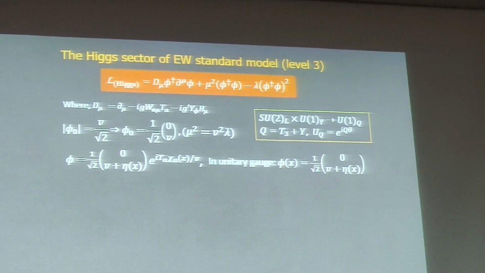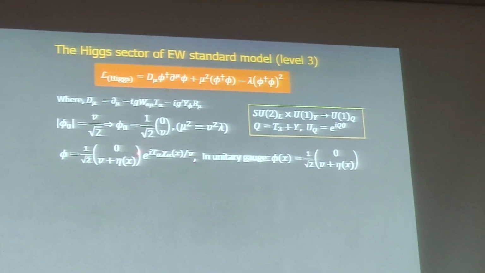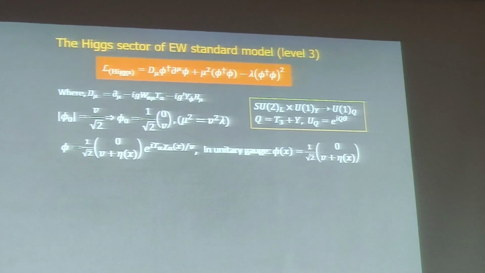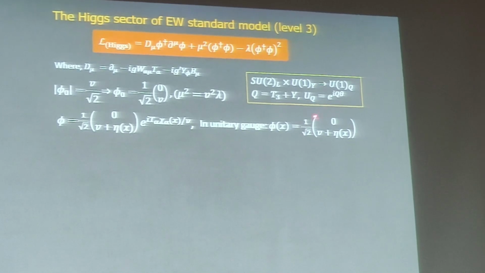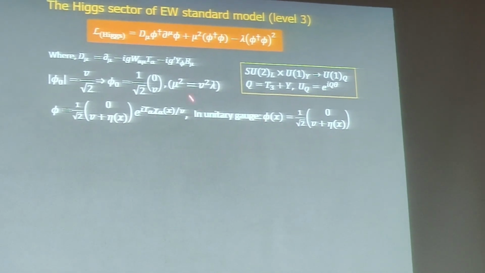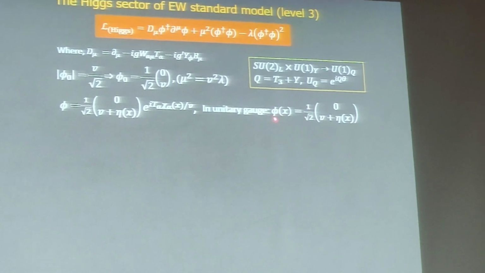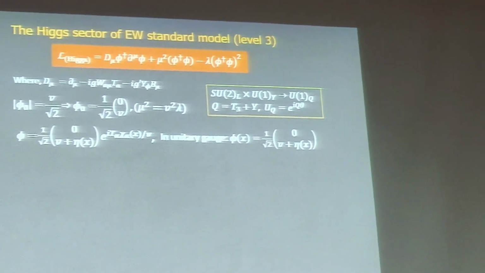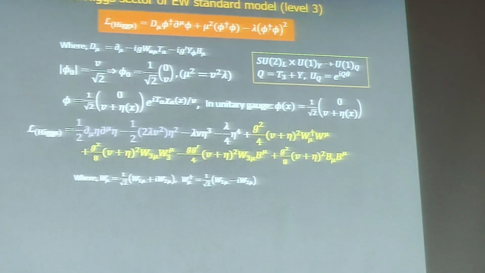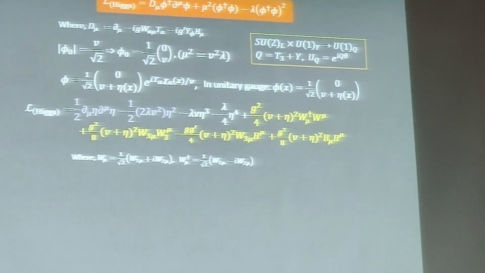But once again, we would like to work in the unitary gauge, where this chi field can be removed by applying a gauge transformation. After the gauge transformation and removing the chi field, the redefinition is simplified into this one. Then you just have to put it back in this Lagrangian and simplify it. I'm leaving this as an exercise for you.